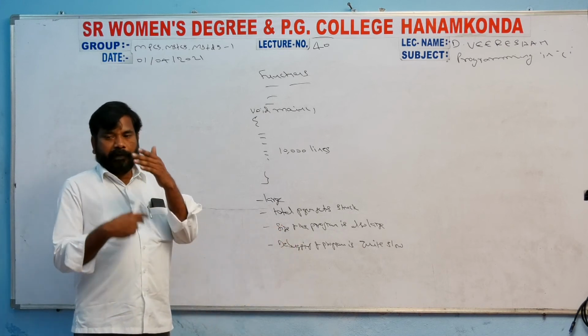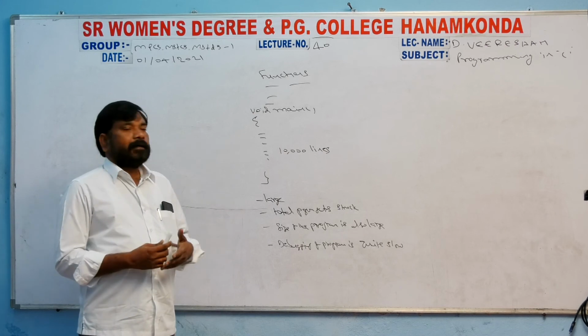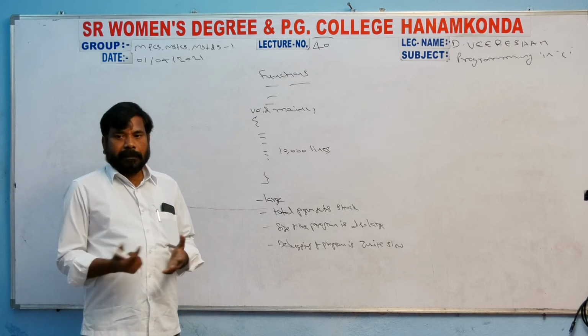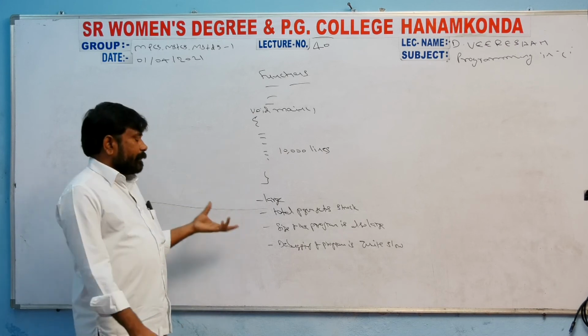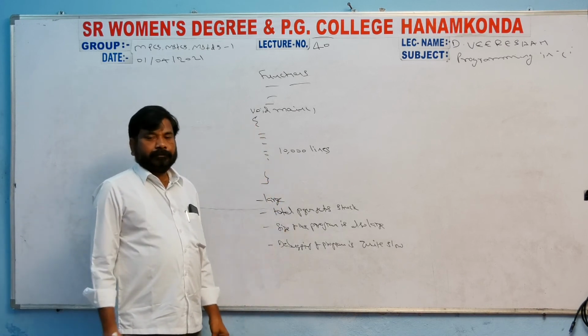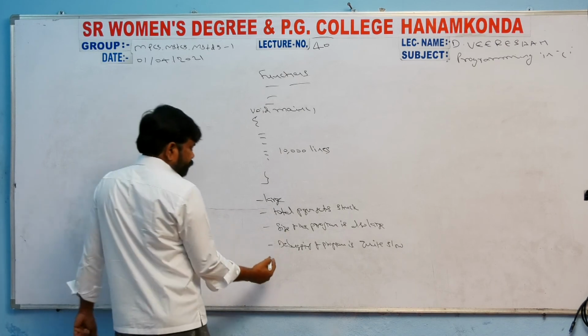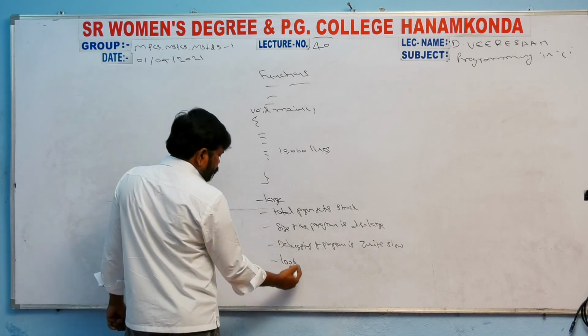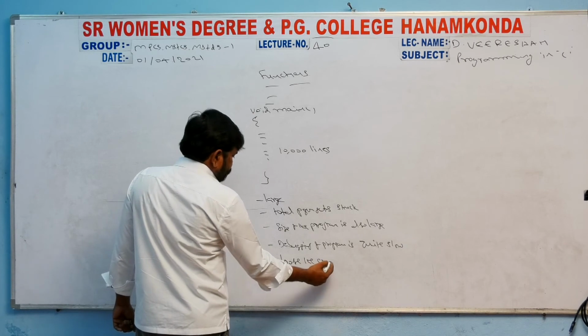Why? Because every time you have to go through all the lines. Is it right or not? It means if you get any problem inside of that, you have to go through the total program. Then finally debugging becomes slow. Even we are going to lose the concentration.